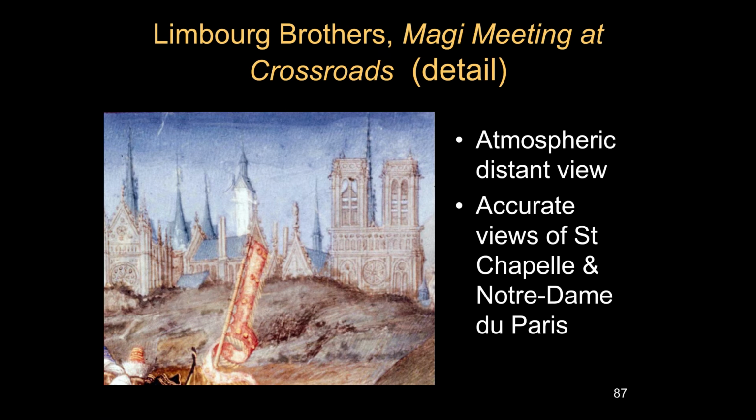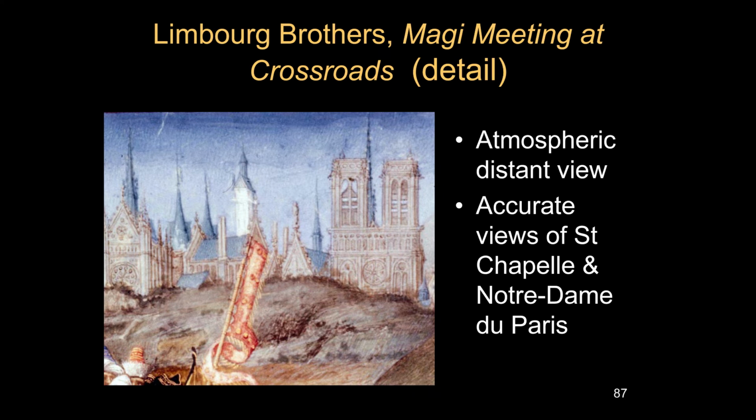Here's a detail in the background, it's very atmospheric. But it's also amazing when I looked at a picture of this that I could blow this up, and I looked at it and I said, that's Notre Dame de Paris. That's Sainte-Chapelle.